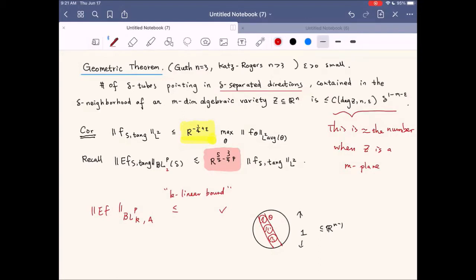But the problem is that we don't have a K linear bound, except when K equals n, that's the multilinear estimate done by Tao here, and Bennett, Carbery and Tao. And as you will see, maybe later today, we can actually use the polynomial partitioning to prove a K-broad bound.